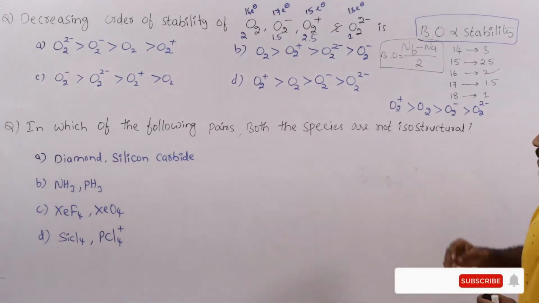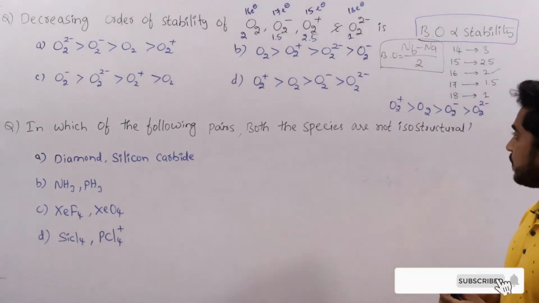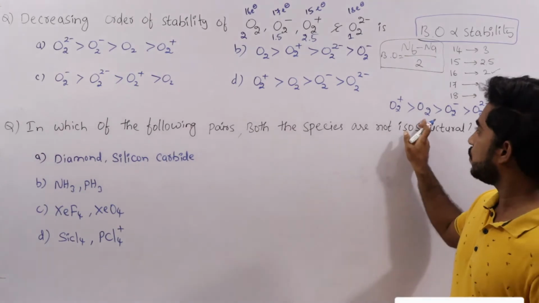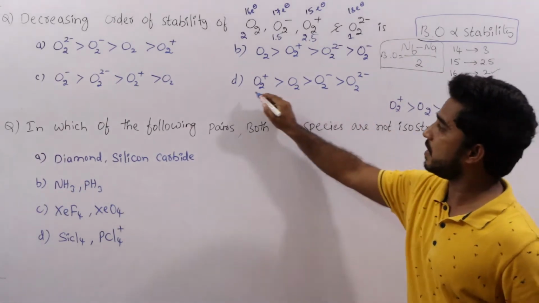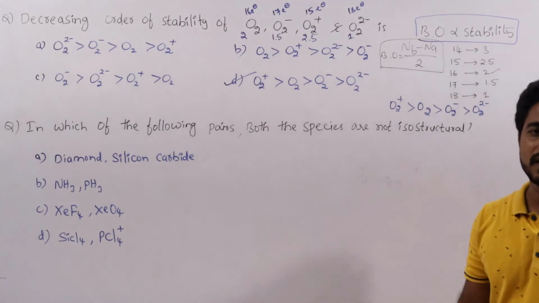Which option is correct among the four? O2 plus, O2, O2 minus, O2 2 minus. That's right, this option is correct.